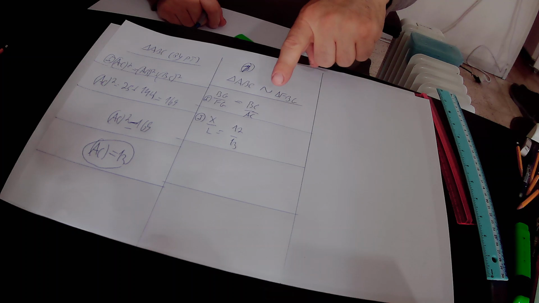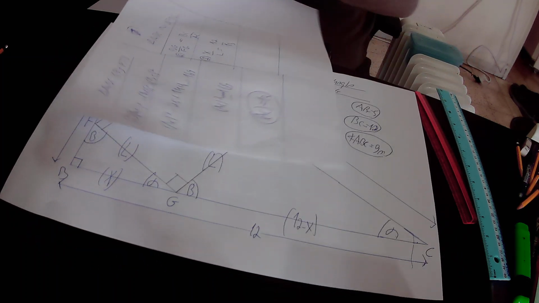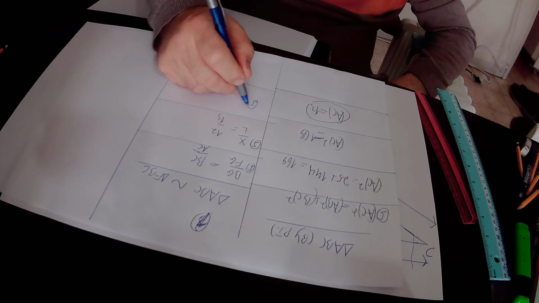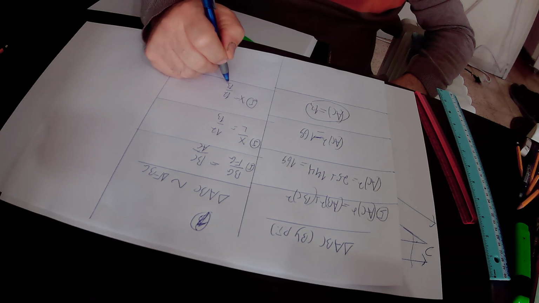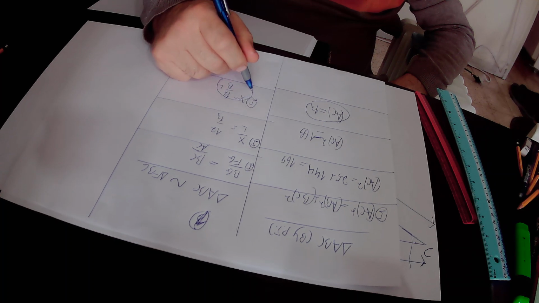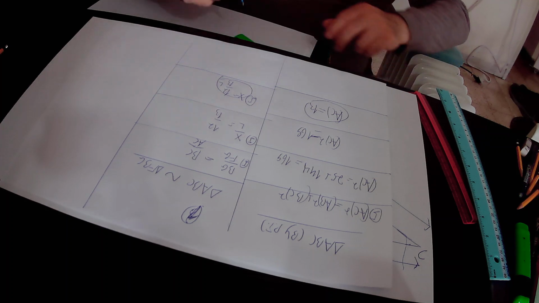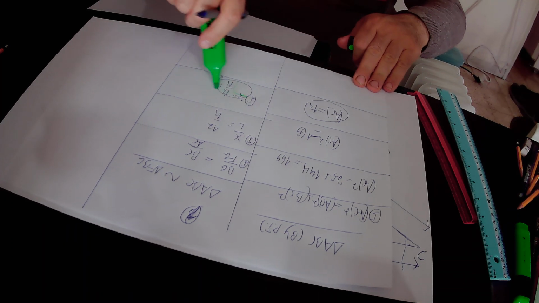Here we multiply equation 1 by L, and we get that x equals 12 over 13 times L. So according to equation 1, x equals 12 over 13 times L.